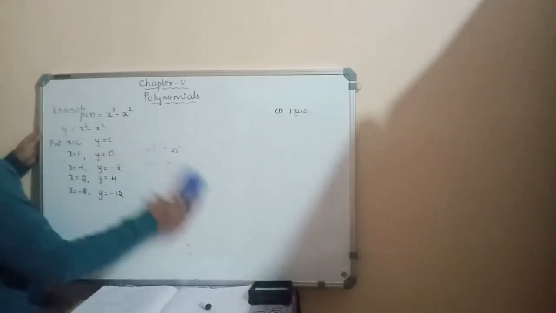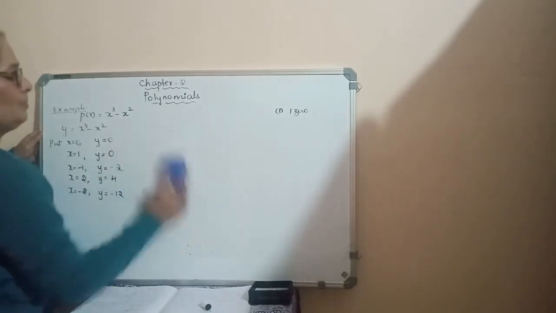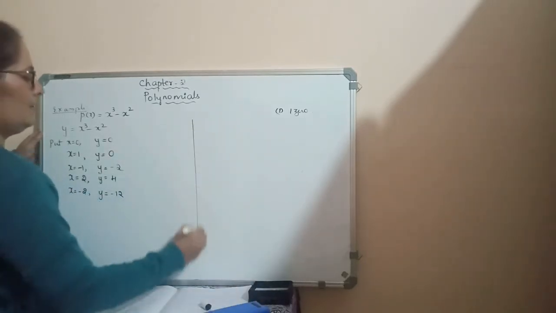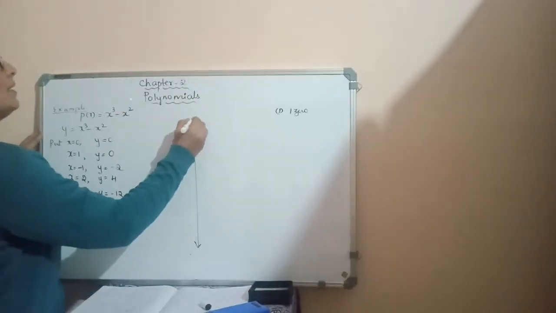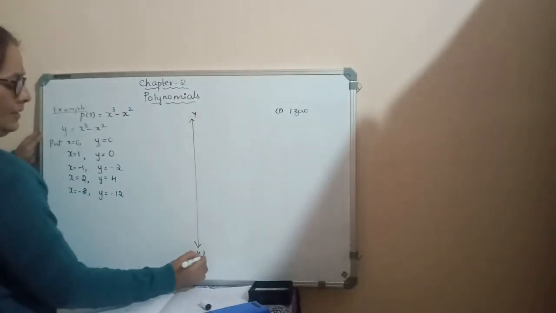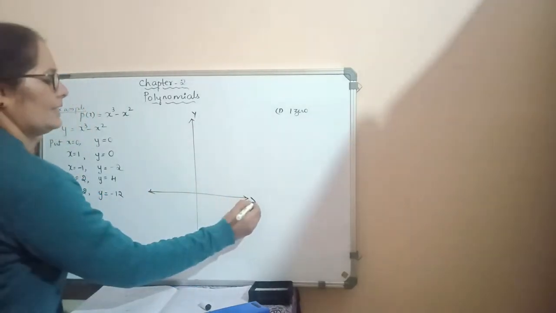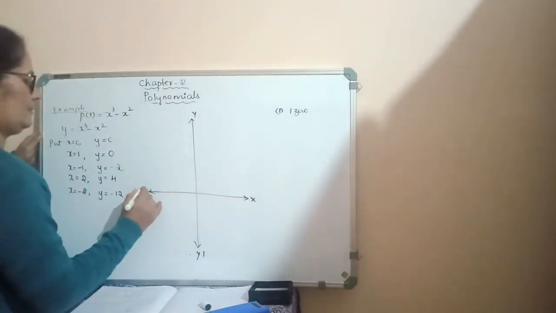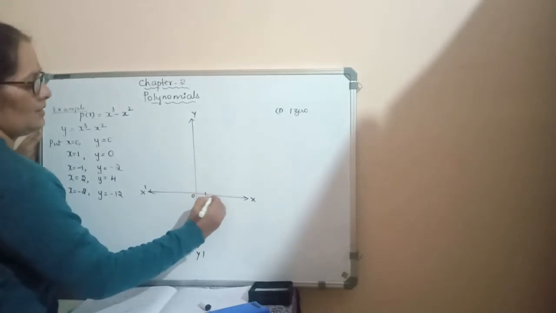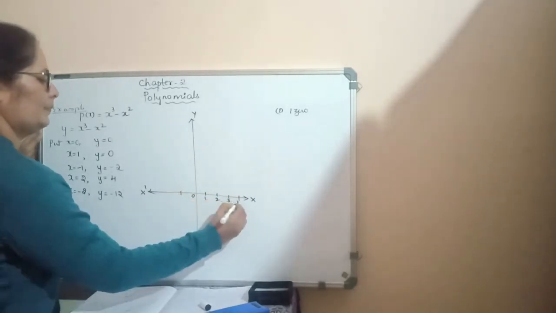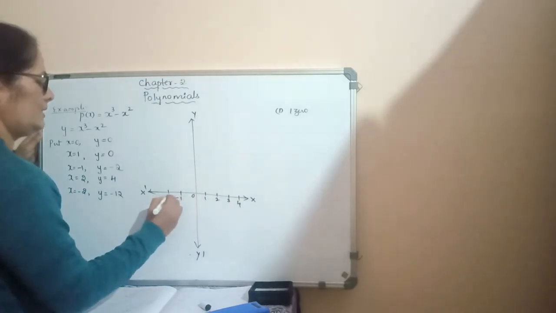Now, I am going to plot the graph for this polynomial. Again, vertical axis y and horizontal axis x. So, these are all the positive coordinates, negative coordinates here.